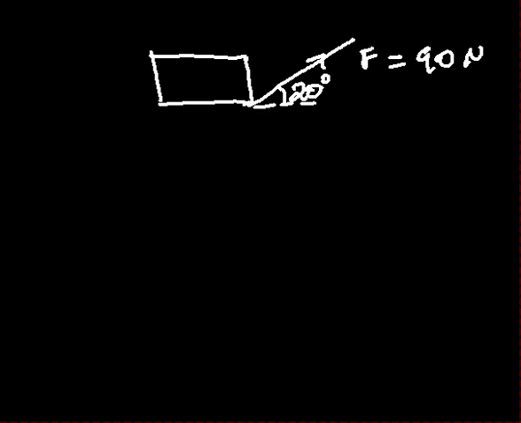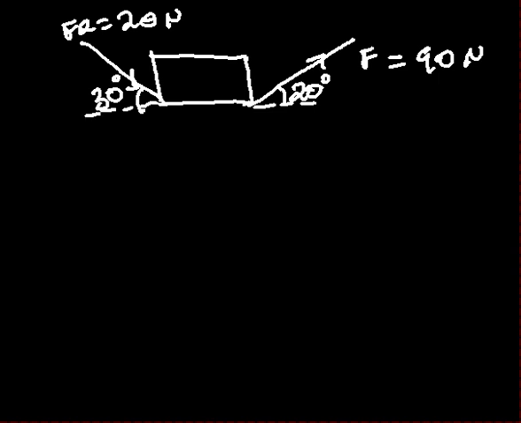And let's say we have another force acting like this, F2, given as 20 newtons, acting at an angle of 30 degrees with respect to the horizontal.